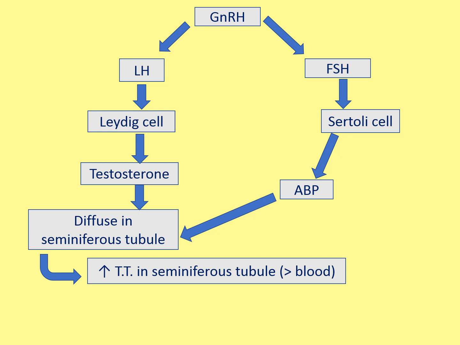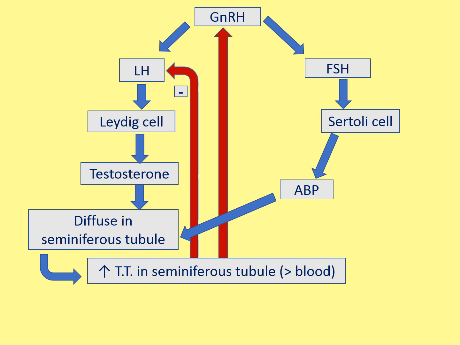Now this increase in the testosterone level has negative feedback on the anterior pituitary for the LH hormone. It also inhibits GnRH from the hypothalamus, and only in excessive amounts does it inhibit the FSH.